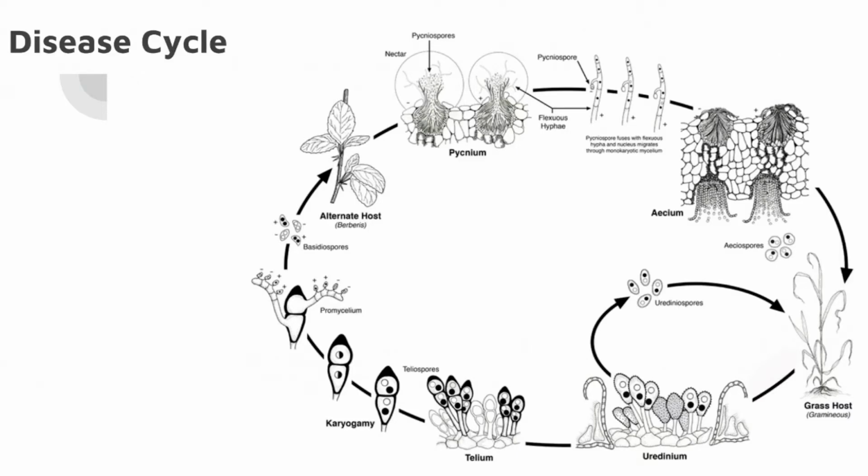Telium and teliospores form, which soon turn to basidiospores, and they infect the alternate host. Pycniospores then form in the pycnium, and there the pycniospores fuse with the flexuous hyphae through the mycelium. Lastly, the aeciospores form in the aecium, and the cycle starts over again at the host plant. Barberry is not a factor in the stem rust cycle in the south because they do not become infected there.